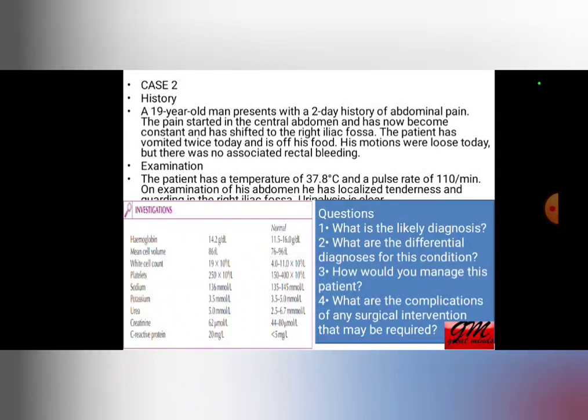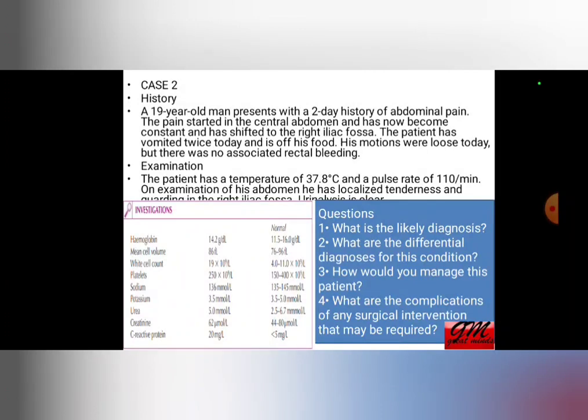The pain is periumbilical because all the pain of the midgut is referred to the periumbilical region. All the pain of the foregut is referred to the epigastric region, and all the pain of the hindgut is referred to the hypogastric region. Is it clear?